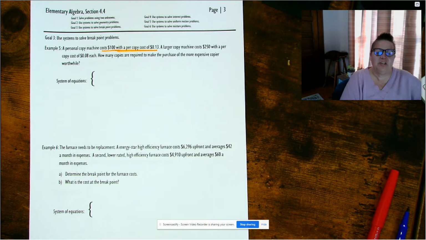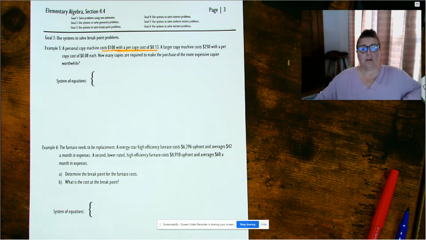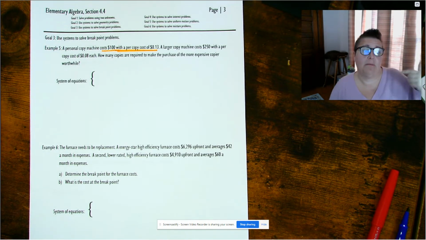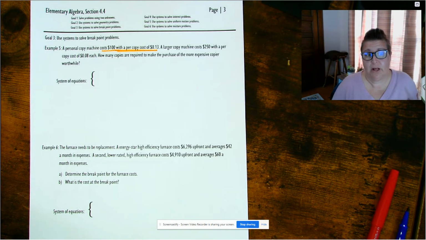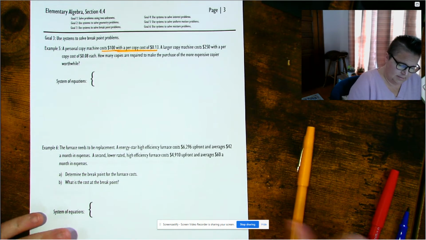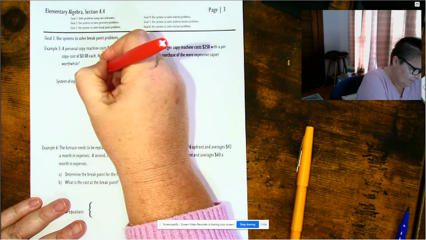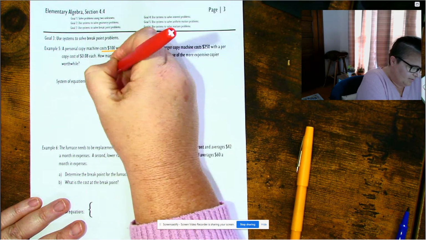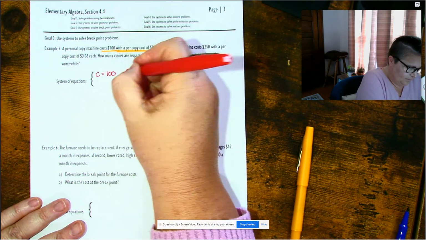Okay, personal copy machine costs $100 with a per copy cost of 13 cents. Let me help you break this down a little bit. That means that when you go to Best Buy to buy the copy machine, it's going to cost you $100. And that every copy that you make is effectively going to cost you 13 cents each. So the cost of this is going to be $100 up front.